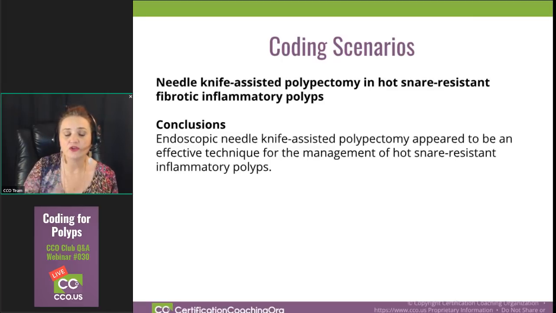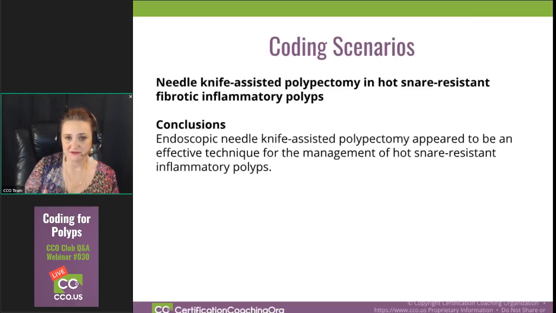And ultimately, what was done, they did a needle knife assisted polypectomy in hot snare resistant fibrotic inflammatory polyps.